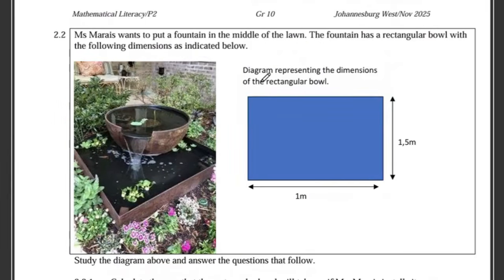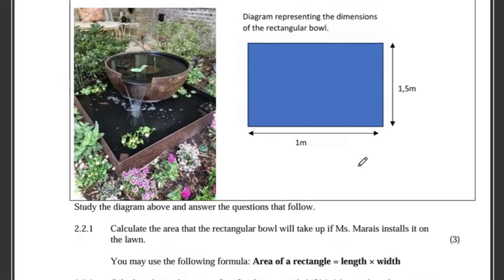2.2 says, Mrs. Maris wants to put a fountain in the middle of the lawn. The fountain has a rectangular bowl with the following dimensions as indicated below. The diagram represents the dimensions of the rectangular bowl. It's this one here. Okay, 1 by 1,5.